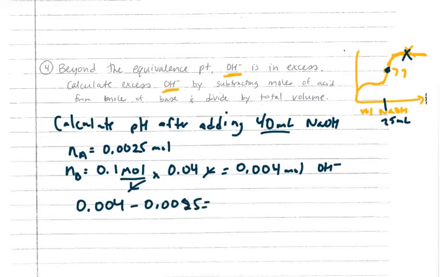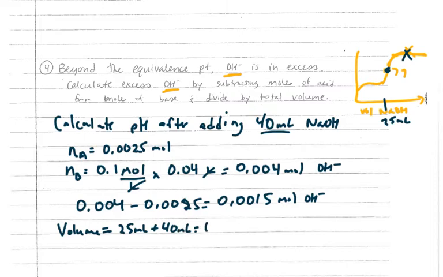So that means that we can neutralize all of this acid and we will have a leftover amount of 0.0015 moles of hydroxide. And if we want to find the pH or the pOH, we always need to know the concentration. So the total volume at this point is our 25 milliliters of acid plus those 40 milliliters of base for a total of 65 milliliters.